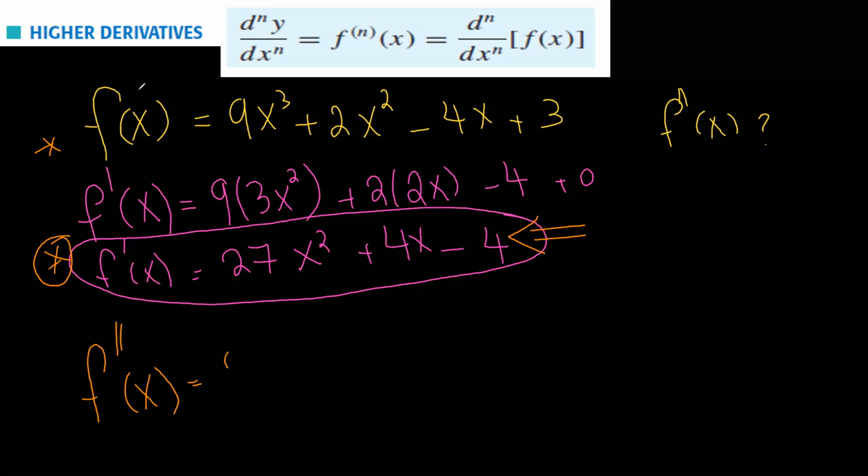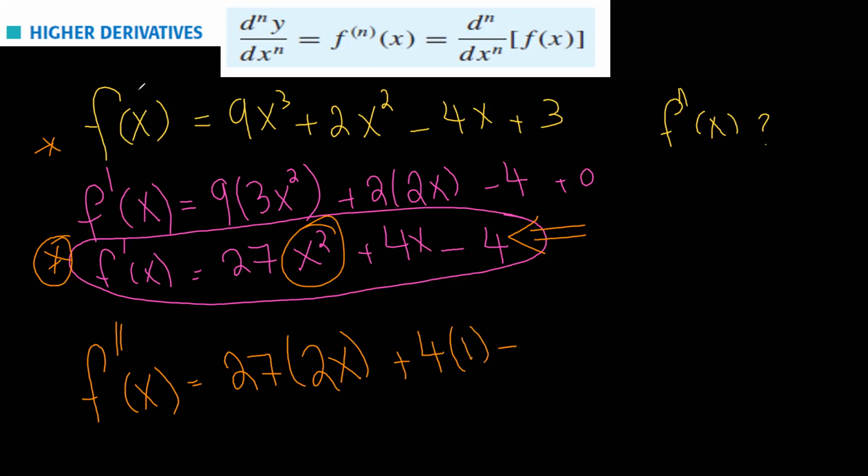So I will say 27 times, what is the derivation of x squared? It is 2x, plus 4 times 1, minus 0. So f double prime of x is 54x plus 4.